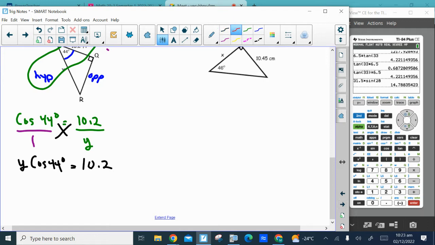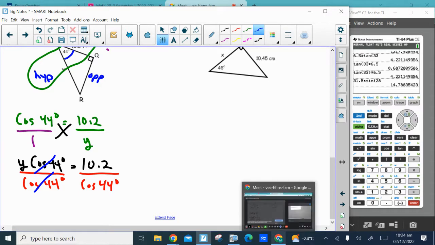We have to do one extra step here to get y by itself. Because the y and the cos of 44 are hooked together by multiplication, that extra step will be dividing both sides by the cosine of 44 degrees. Sometimes we have to do this extra step to find our answer, to get, in this case, the variable y by itself.